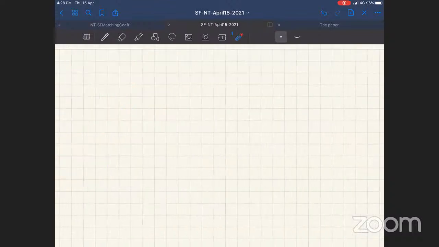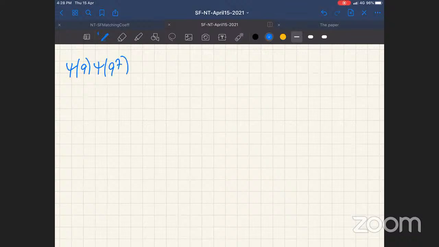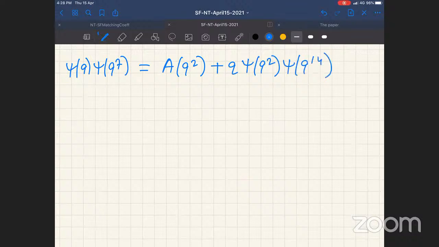For example, we know that ψ(q^7) has a two dissection, of the form, say, something like φ(q^2) plus q of, interestingly, ψ(q^2) and ψ(q^14). And φ(q^2) can be written in terms of φ and ψ, but that is... there are 4 terms here, but we do not require this to get a result of matching coefficients.